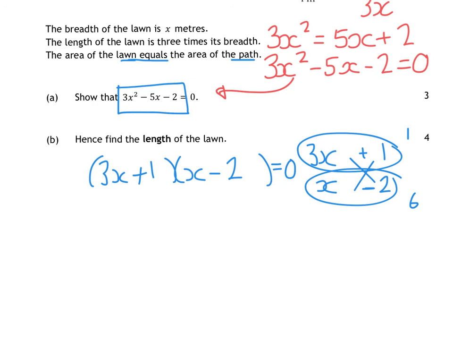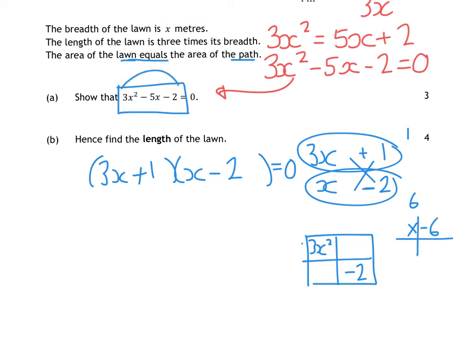If you do the box method, you put the 3x squared in there and the minus 2 there. We are looking for numbers that multiply to minus 6, because you do 3 times 2, and numbers that add to minus 5. So numbers that multiply to minus 6 and add to minus 5 will be negative 6 and positive 1.